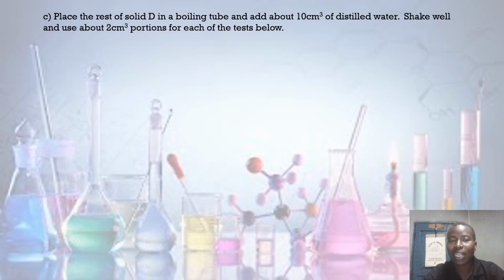As you are adding the distilled water, remember every moment you are carrying out an experiment, you should have an expectation. What may be the outcome of whatever I am doing? For instance, when you are adding water, you are expecting that the given solid is either going to dissolve or fail to dissolve.